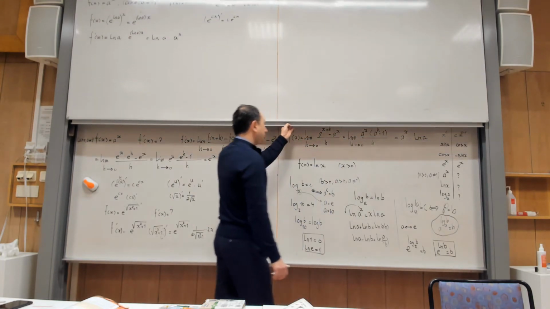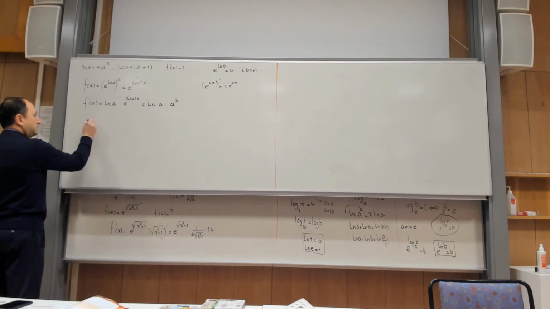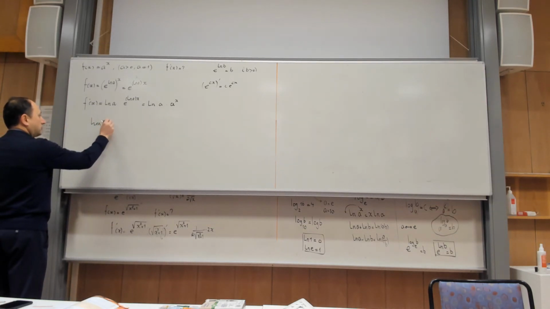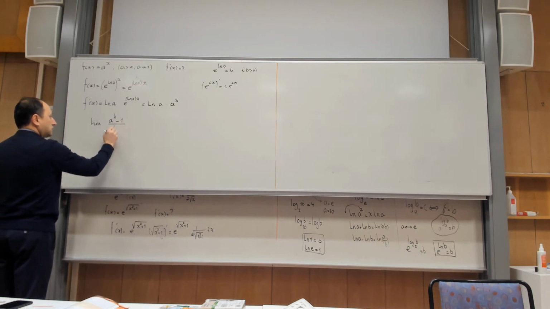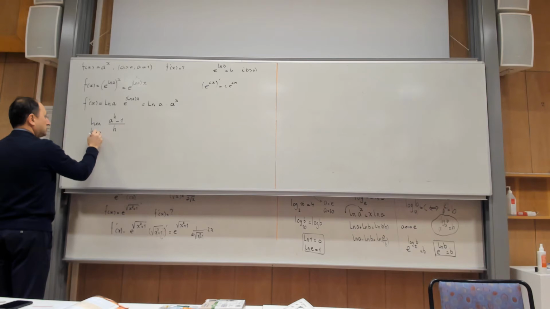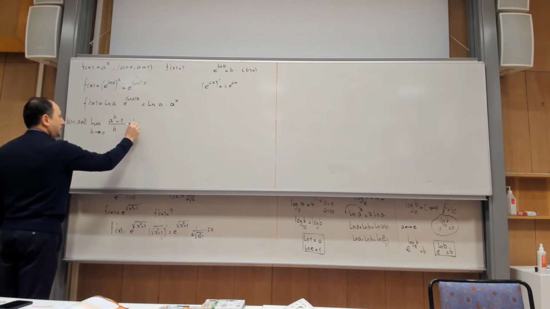So let me write this here for you. We realize that's an important limit. The limit of a to the power h minus 1 divided by h as h goes to 0, if a is positive and not equal to 1, under these conditions, this limit is ln of a.